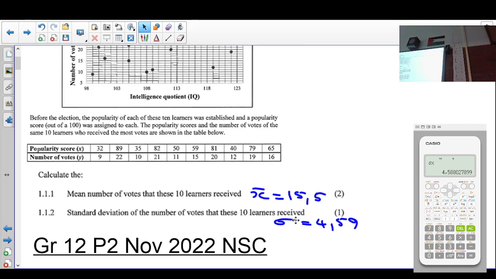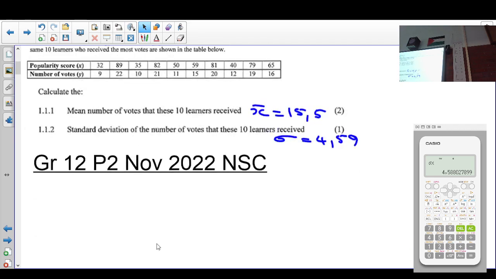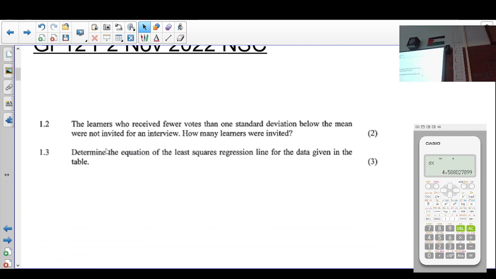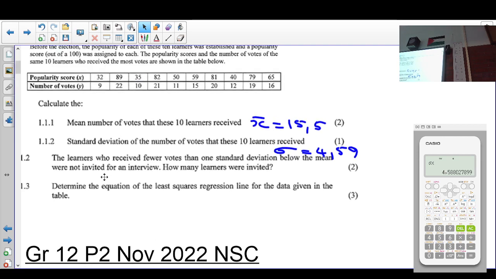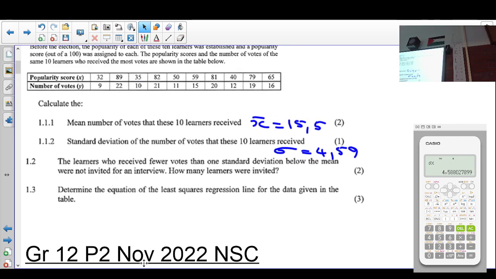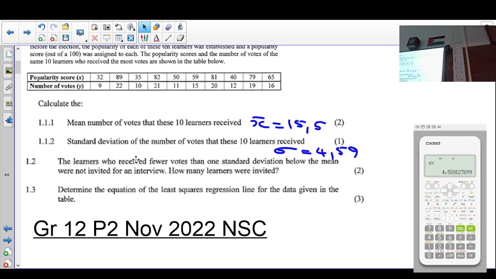The next question, 1.2, says: the learners who received fewer votes than one standard deviation below the mean were not invited for an interview. How many learners were invited?